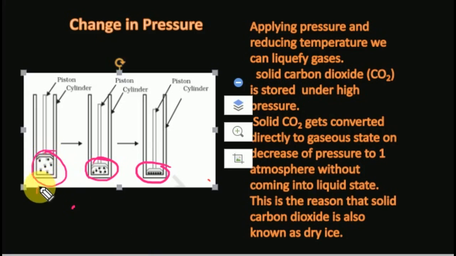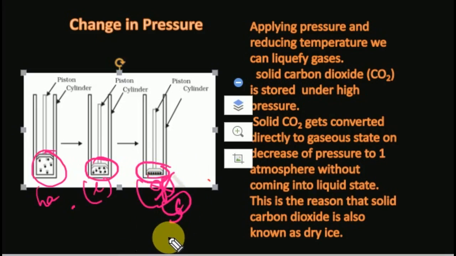Suppose it is in a gaseous form, they are just widely scattered. In a liquid they are closer, and in a solid they are closely packed, which shows that these are the particles of a solid. By changing the pressure, we can also change the state of matter.